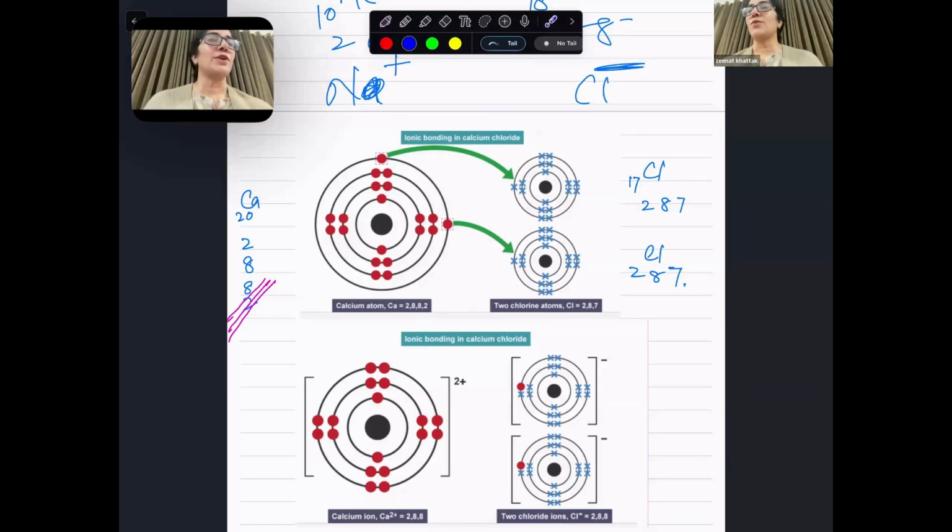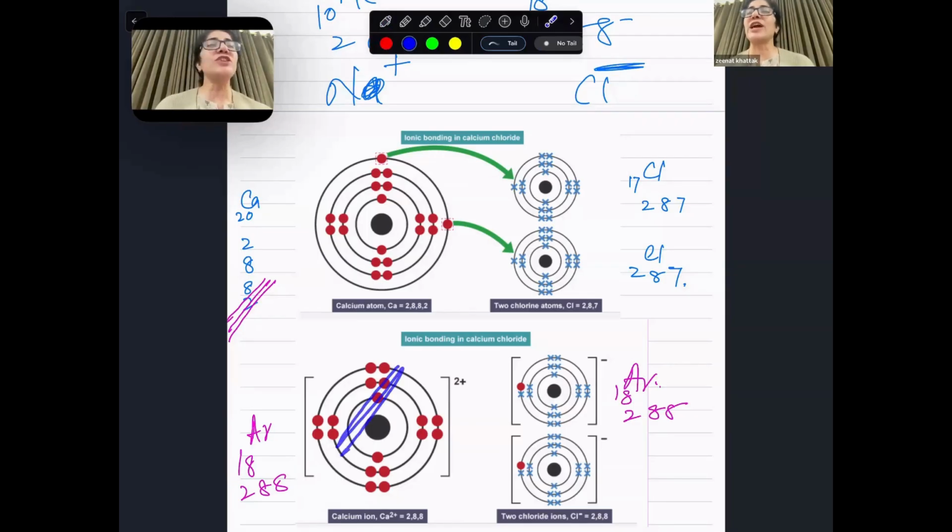It gives 1 electron to 1 chlorine, another electron to another chlorine. What is left? 2, 8, 8. Like what? Argon. Argon is 18, 2, 8, 8. It also becomes like the argon configuration.